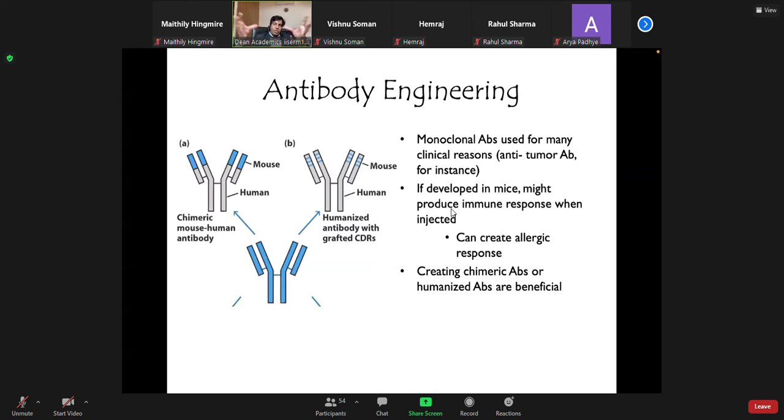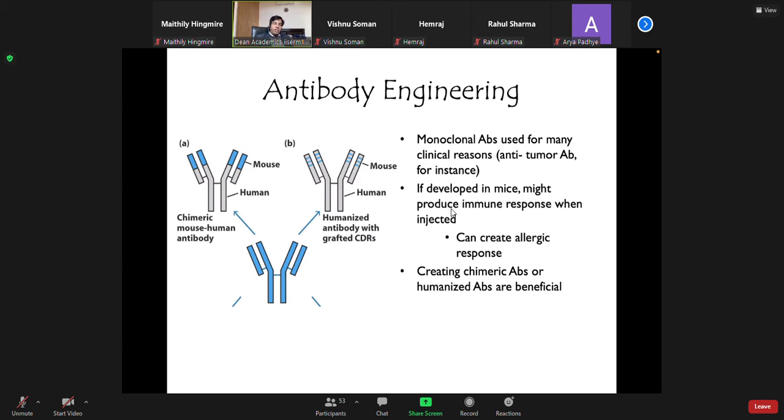Then you use conditions where you can select only the hybrid cells, and then screen what they produce, and then you get a cell which can serve as an almost inexhaustible source of this antibody supply, right? So through hybridoma technology, that's the right name, you can generate antibodies of a particular specificity. Okay.